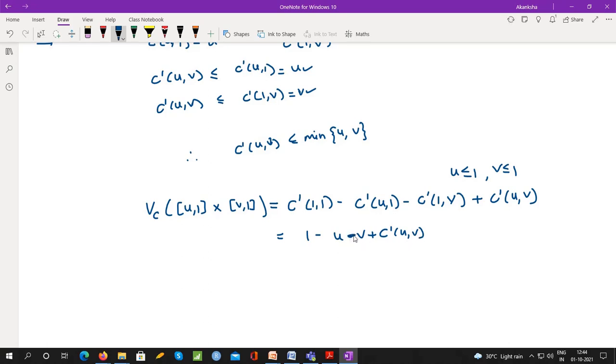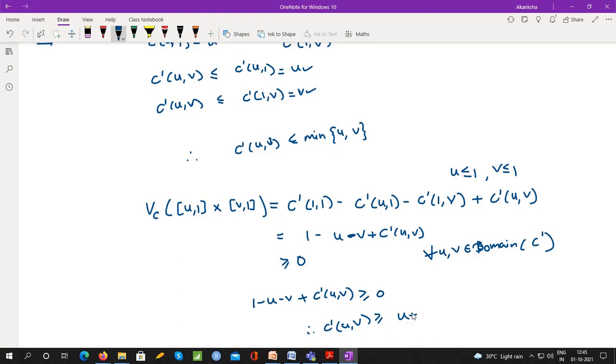What we know is, because the function is 2-increasing, this has to be greater than or equal to 0 for every u, v in the domain of C prime. Correct? The function is 2-increasing. So what I have is 1 minus u minus v plus C prime of u, v is greater than or equal to 0. Therefore C prime of u, v is greater than or equal to u plus v minus 1.